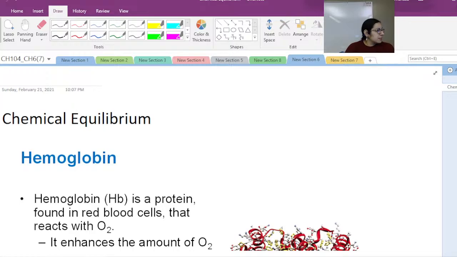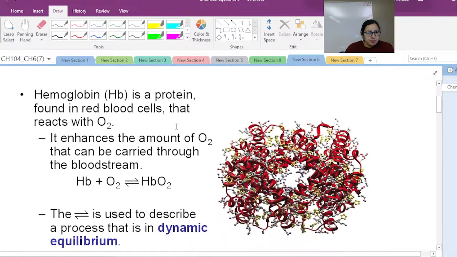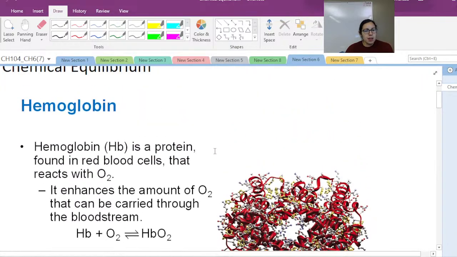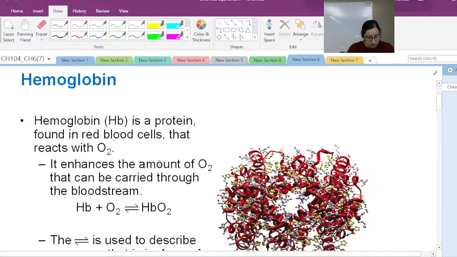So kind of the next thing to throw in here is this concept of chemical equilibrium. And so the example that they give is hemoglobin. So your hemoglobin is, of course, your protein that is found in red blood cells.